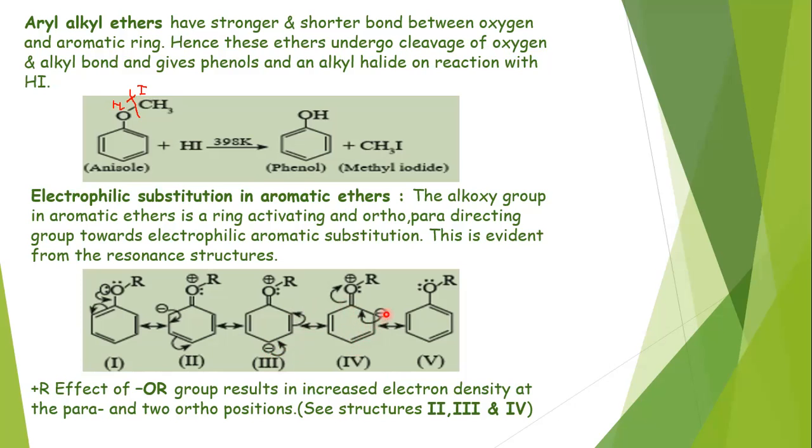So negative charges are stable in the second, third and fourth structures at ortho and para positions. So at these ortho and para positions, the electrophile may attack to give the product.